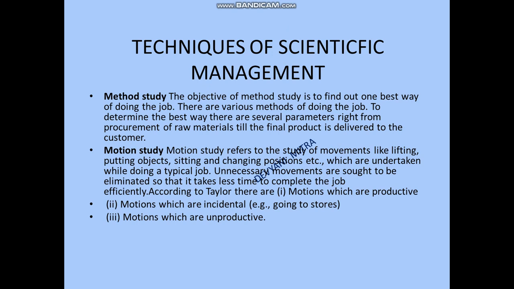The objective of method study is to minimize the cost of production and maximize quality and customer satisfaction. That is very important in method study. One best, scientifically selected method should be there.